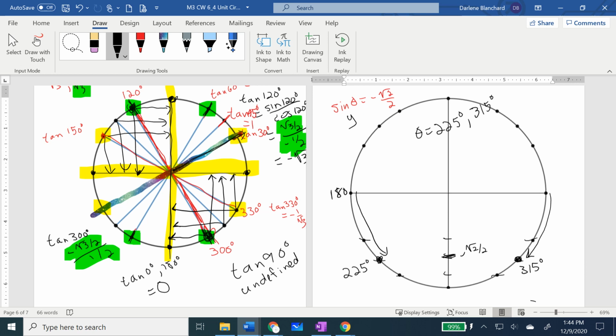Coterminal. All the angles that are coterminal with these two are also solutions to this trig equation. Those coterminal angles are found by adding or subtracting 360 any number of times. You don't have to write plus or minus because it's understood that n can be positive or negative.